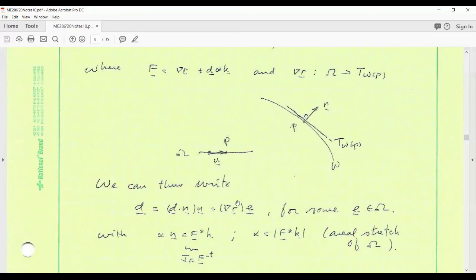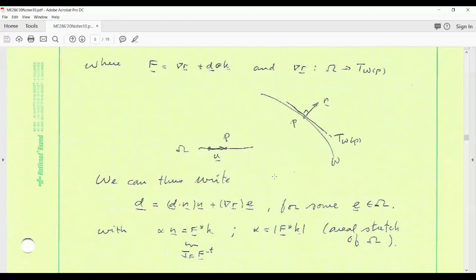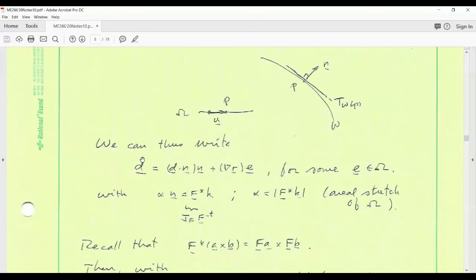And then with E arbitrary, that gives you an expression for the tangential part of D, which we don't know. And the normal part would then just be D dot n along n. Right? So we can always write, without any loss of generality, this D field as a part along the normal plus grad R times some arbitrary two-dimensional vector in the initial plane.